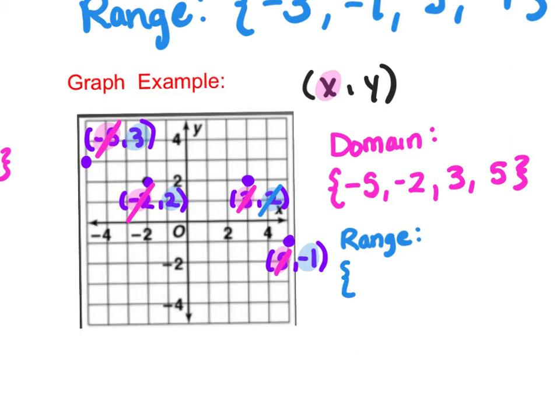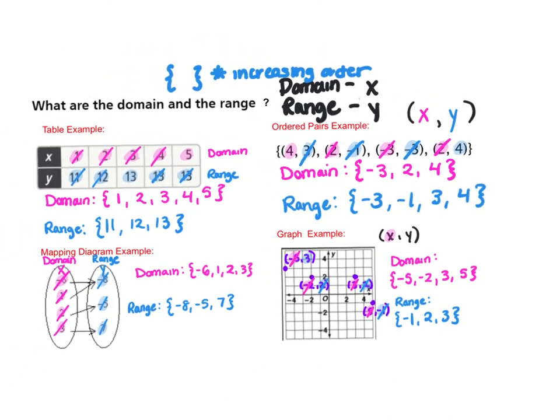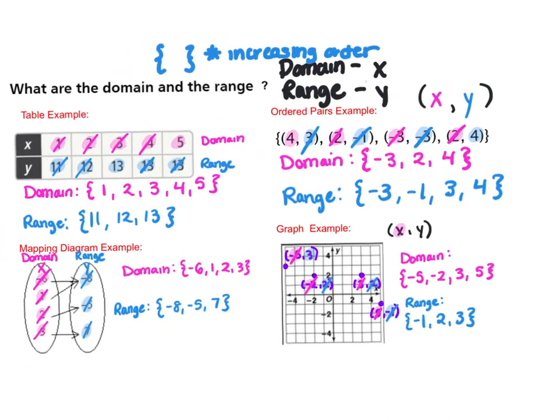The smallest y coordinate is negative 1. The next smallest y coordinate is 2. And my biggest y coordinate, or the last one, is 3. And this provides you with examples of finding the domain and range from a table, ordered pairs, a mapping diagram, and a graph. So all of our ways of representing relations.